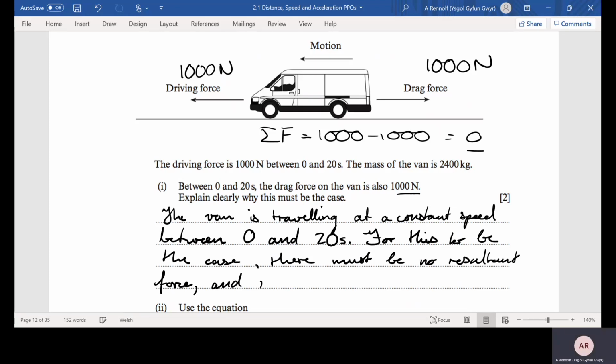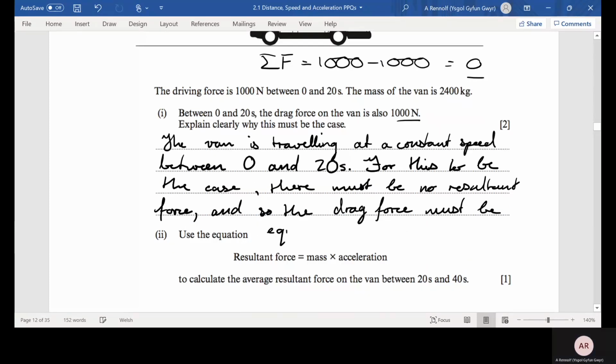And so the drag force must be equal to the driving force. That's the kind of thing we're looking for there.